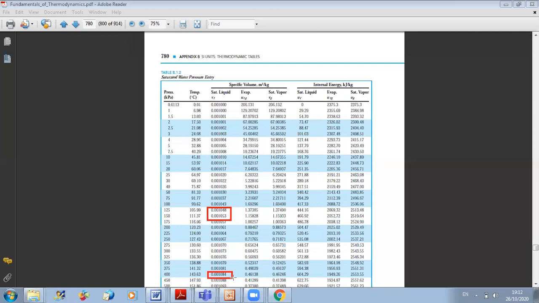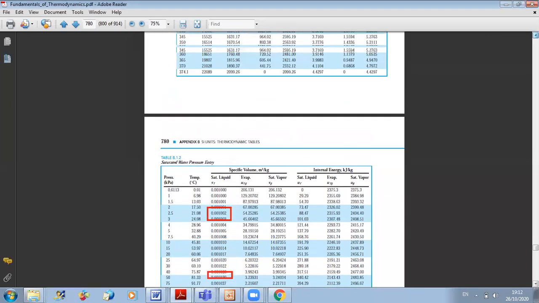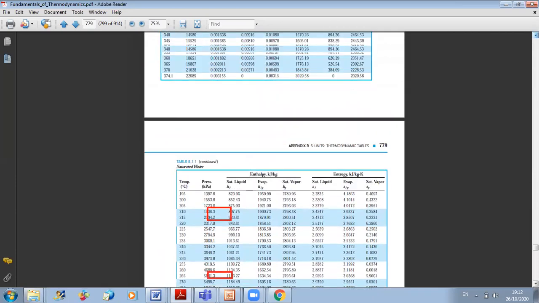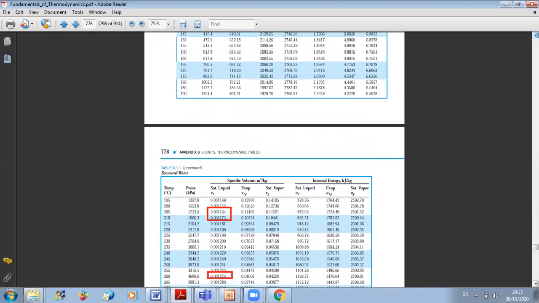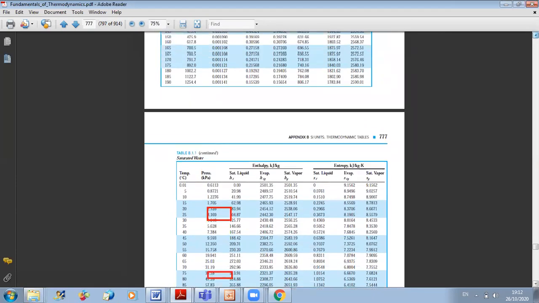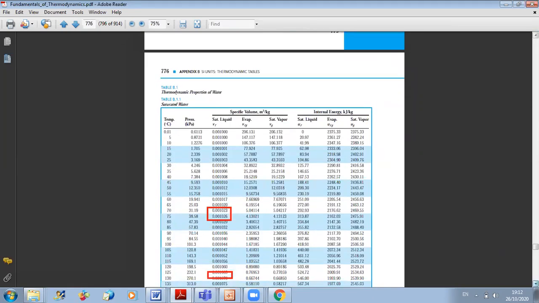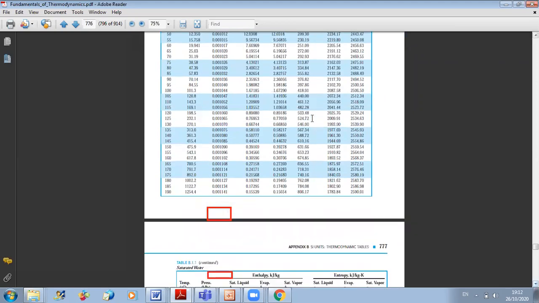Now if you want to be very, very accurate, you can go to the compressed liquid tables. Let us see them together. So we will look at the compressed. Maybe they are below. From table B1 we start. For the first table, they give you saturated water. You have several tables for saturated water.